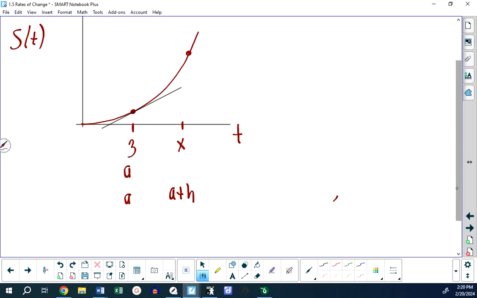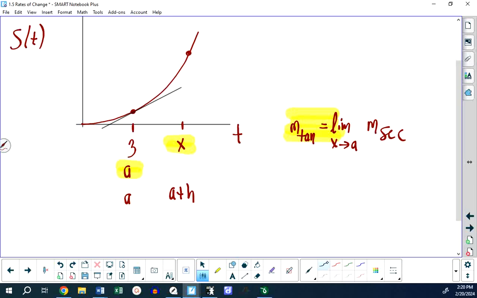And if you use these two, then your limit, and I'm not saying don't write this down. If you want to write it down, you can. But I'd rather you just focus on my words and what we're looking at. Then your limit for the slope of the tangent will be the limit as x approaches a of the slope of the secant, right? Should make sense to you, I hope.